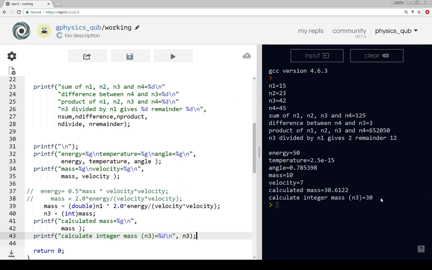Okay, so we've done that. It's calculated an integer mass. It's given us a sensible integer number, and that integer number is 30. So the way that a computer calculates an integer from a double is simply to remove the decimal places.